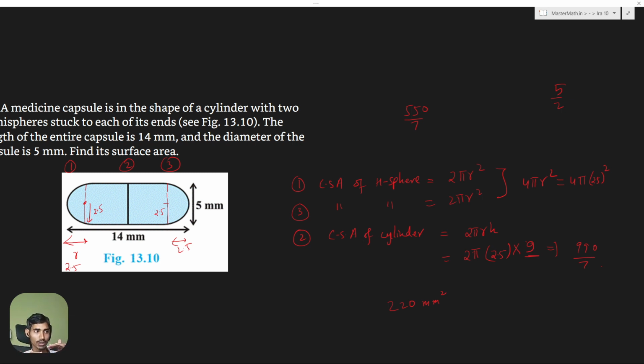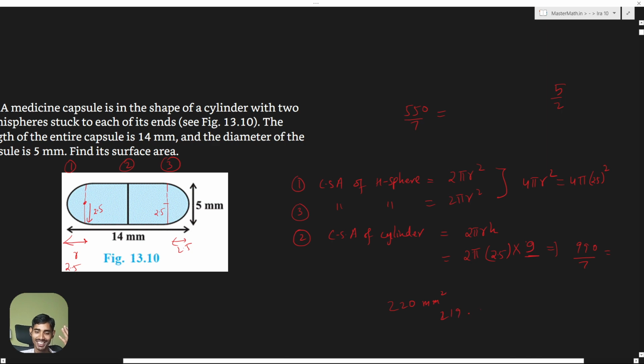If you don't have the specific parts being marked, 1 mark or 2 marks, whatever it is, you need not solve it. Keep it for later. Don't bother yourself. If you had converted this into decimals and again into decimals, you would have ended up with something like 219.99. So it's not needed basically. You can save a lot of confusion.